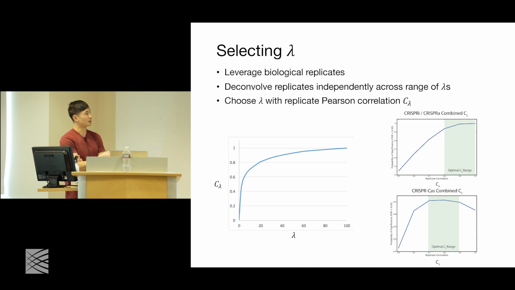So this gets into some of the more tricky details, but we essentially perform simulations where we have multiple replicates, and we have an underlying true signal that we hypothesize. We deconvolve with our profile that we believe is related to either our CRISPR interference or CRISPR-Cas technology, and then we add noise.